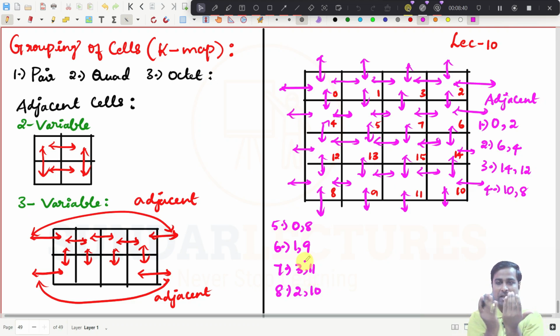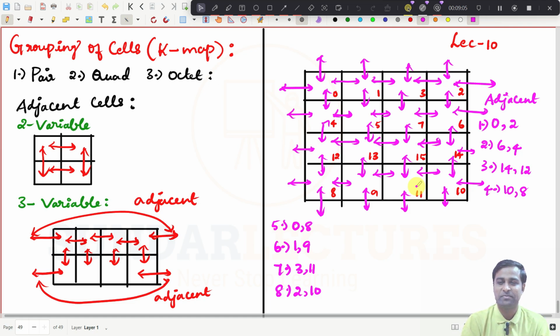I can fold the map like this, so that 2, 6, 14, 10 and 0, 4, 12, 8 are adjacent to each other separately. And if I fold the map like this, 1, 0, 1, 3, 2, 8, 9, 11, 10 are separately adjacent to each other.